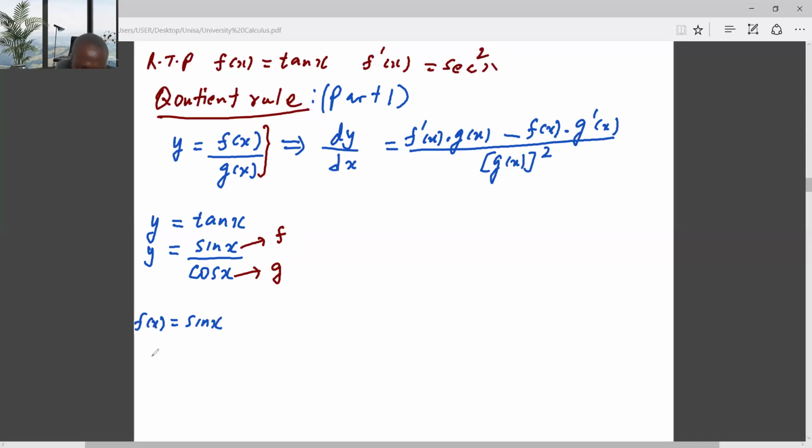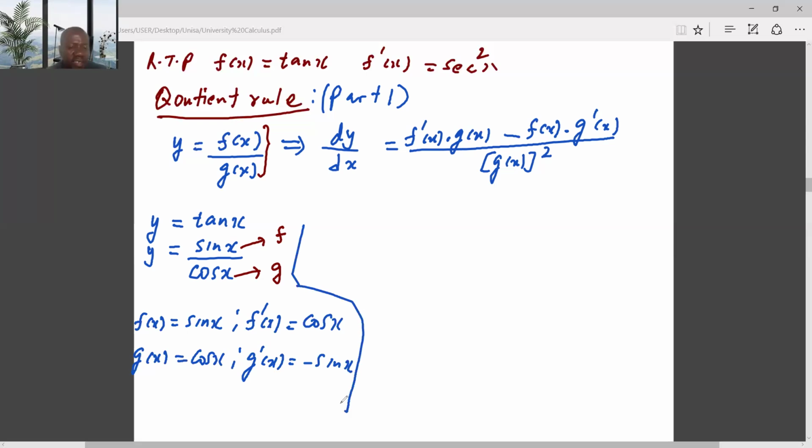And what is the g of x? The g of x is cos x. And we have proved that the derivative of sine is cos. So we're using that. The derivative of cos is negative sine. I believe you're following, ladies and gentlemen.